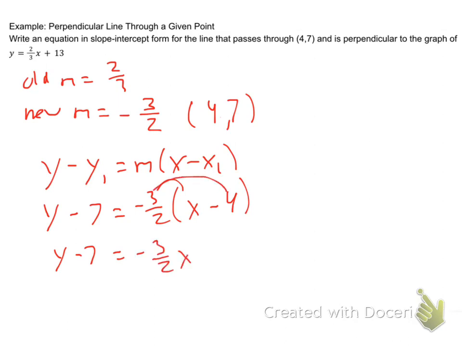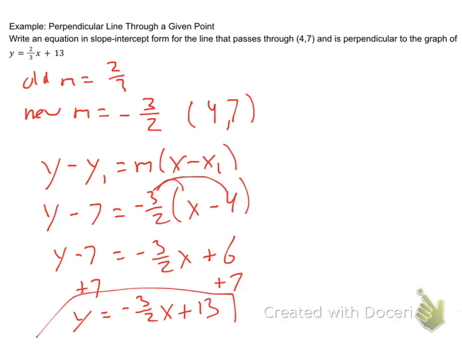A negative makes a positive, and I'm going to say 3 times 4 is 12, divided by 2 is 6, so plus 6. I'm going to add 7 to get the y by itself, and so y equals negative 3/2 x plus 13. You've now created a line that is perpendicular to the original line but goes through the point (4, 7).